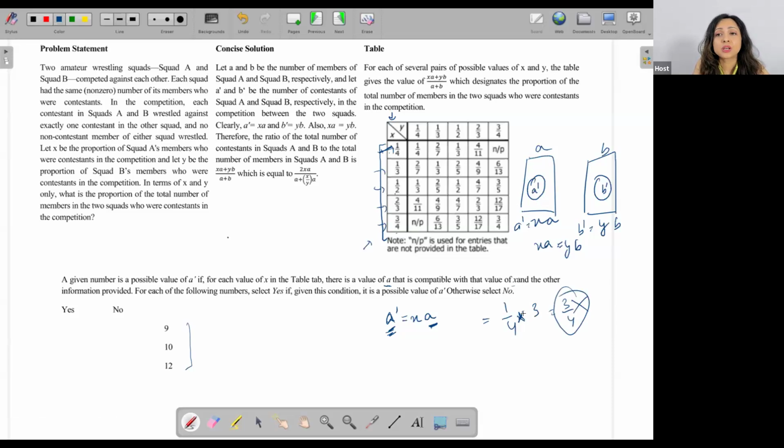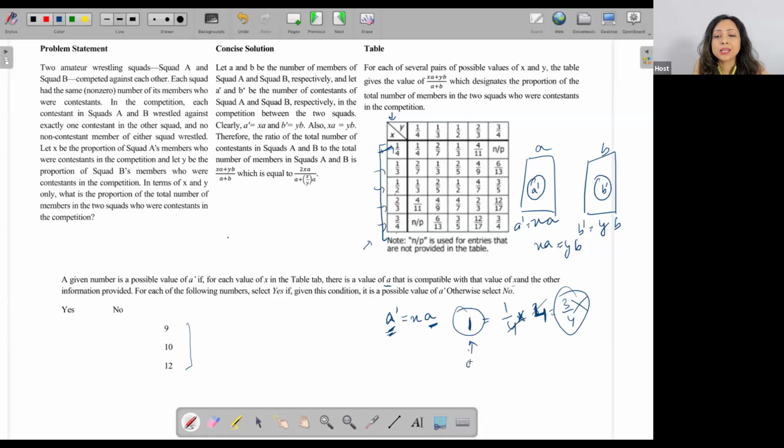It's not an integer. But the number of contestants has to be an integer, right? It's a real life situation, which means that this cannot be 3. This must be either a 4 or a multiple of 4. Does that make sense? Is that okay? Why? Because I want an integer value for A dash, right? So this means that 4 and 4 can get cancelled and I can get a 1 over here.